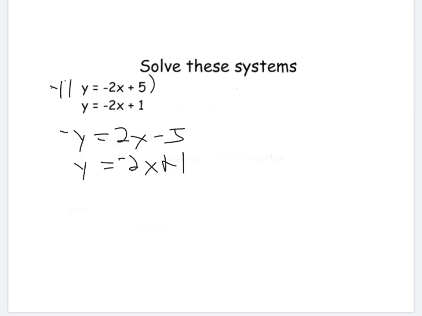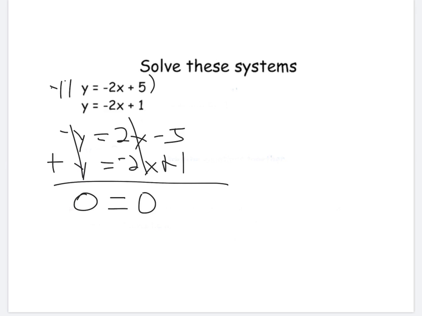So now I have my x values opposites, so now I can add them together. If I add them together, -y plus y, they cancel each other out because they're opposites, right? And if they're opposites, they leave you with a value of 0. So I have 0 on that side equals 2x plus -2x. They are also opposites, so that's 0.